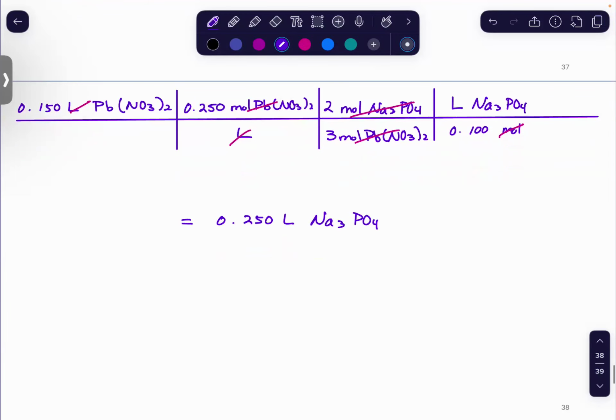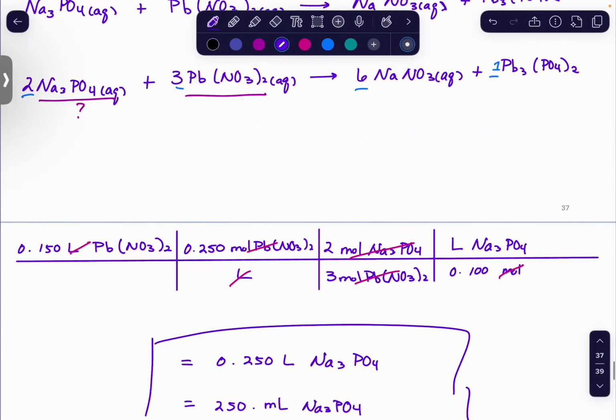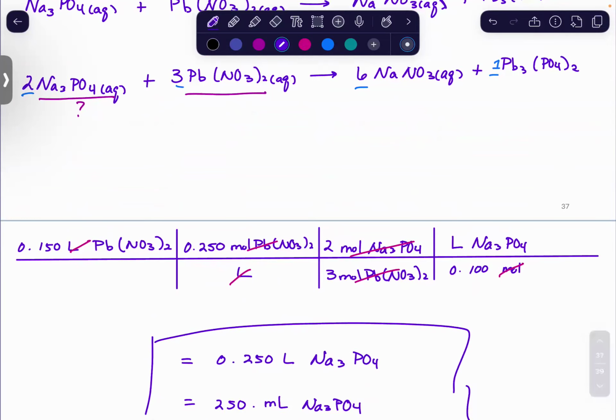You can leave your answer like that, or you could change it to 250 milliliters of sodium phosphate. So you see, once you get your chemical equation figured out, the calculation is the same for a stoichiometric calculation. You're using your coefficients in your equation to figure out how much of one compound you need in reference to another compound.